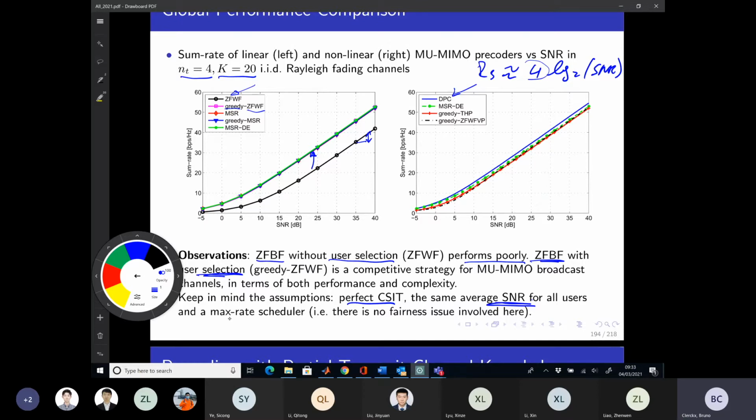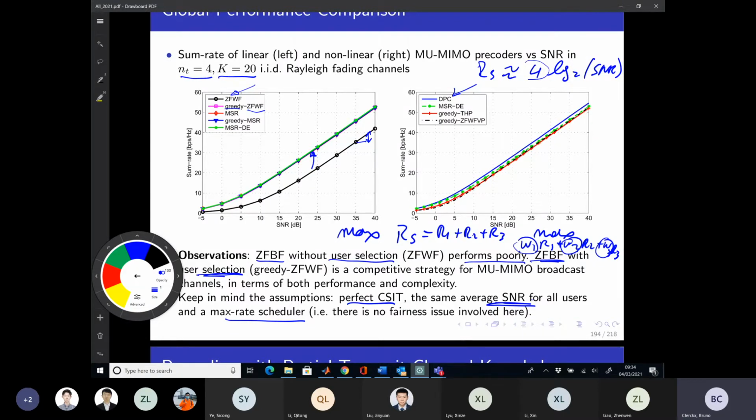And the other thing is that we use a max rate scheduler here. So when we do the greedy one, we only care about maximizing the sum rate. We don't really care about any form of fairness in the system. If you use zero forcing beamforming combined with proportional fair scheduling, then you will not maximize the sum rate, R1 plus R2 plus R3, but instead you will maximize W1 R1 plus W2 R2 plus W3 R3, for instance, where the W's are the proportional fair metric.